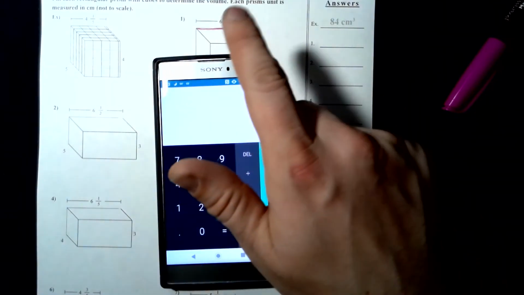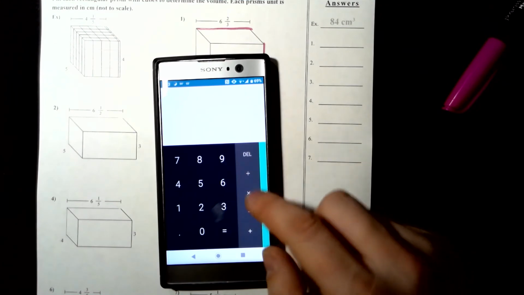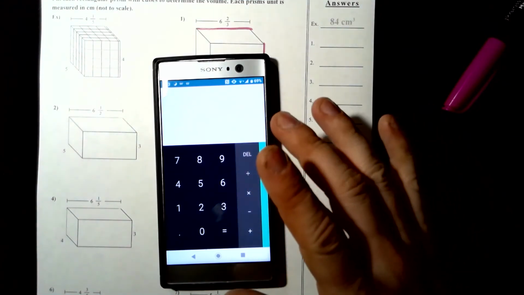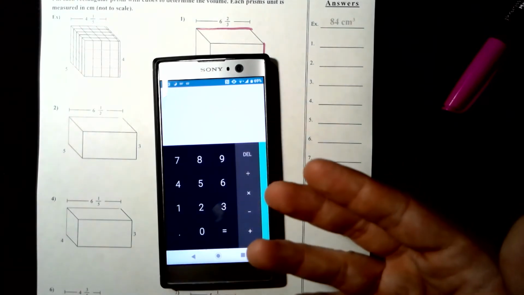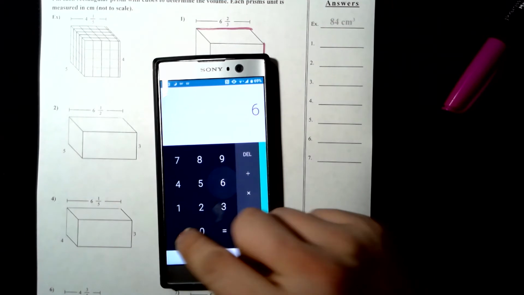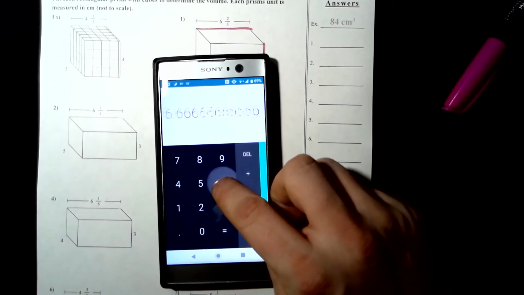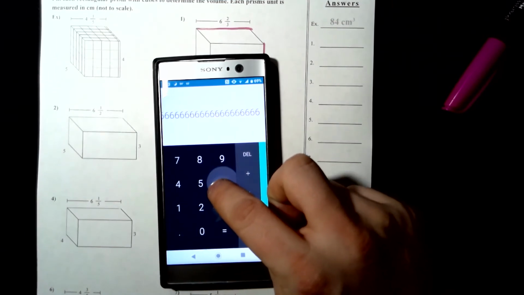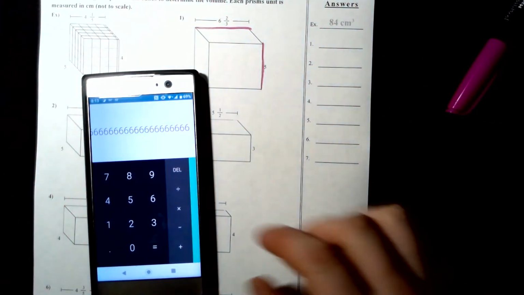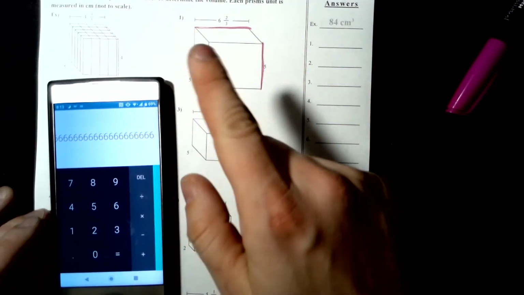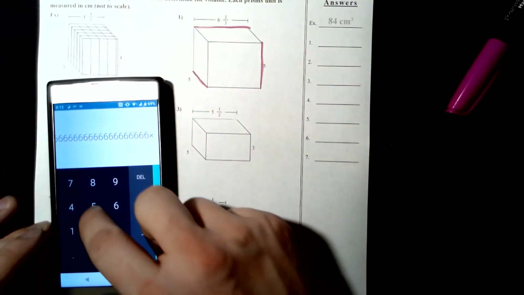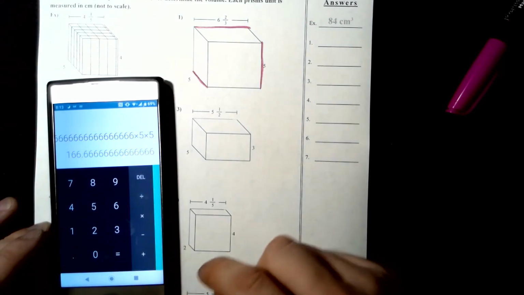So to represent 6 2/3 as a decimal, you can trick your calculator into rounding so that it will equal 2/3. We're going to do 6, and we're going to just add as many additional 6s as our calculator can handle. So there is our base, or let me say width. We have our height and our length, so times 5 times 5 again.